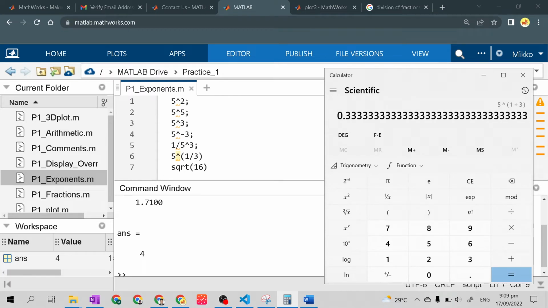Oh, it's wrong. Why is it wrong? Can I prove this? 5 raised to 1 over 3.